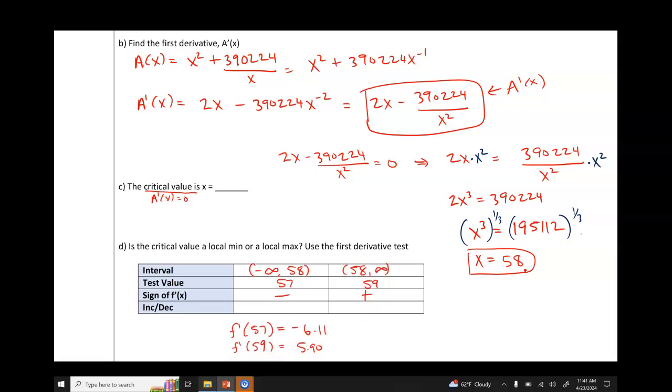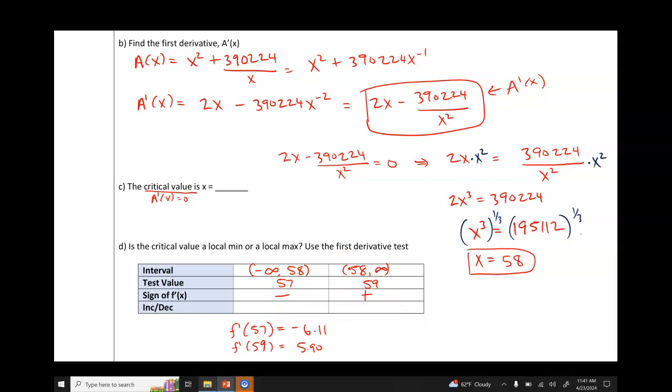Next, we want to determine if this critical value is a local max or local min. So to do that, remember local max, local min, we're going to use the first derivative test. So we choose a test point to the left of 58 and a test point to the right of 58. And what we get is that the sign of the first derivative is negative in the first interval and positive in the second interval.